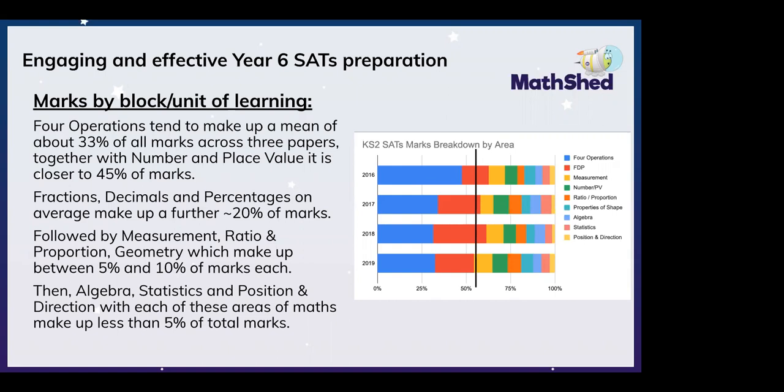So those smaller mark areas of the curriculum do still carry weight and importance, but you can see quite clearly that number, place value, and operations are the bulk of the marks you really need for the children to meet the national standard and the age-related expectations in the Year 6 SATs paper.